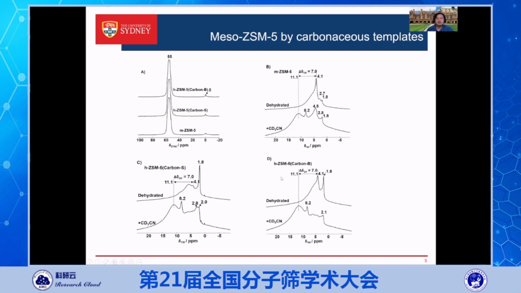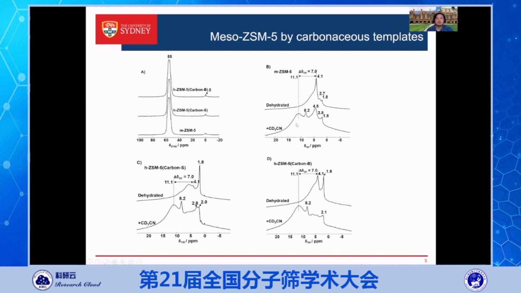But if we introduce the carbon template and generate mesopores, we generate more external silanol groups. This is reasonable. For the small particle, the density of the mesopores should be higher, so we can see it generates more silanol groups. The acid sites drop, but we still have a certain number of acid sites.